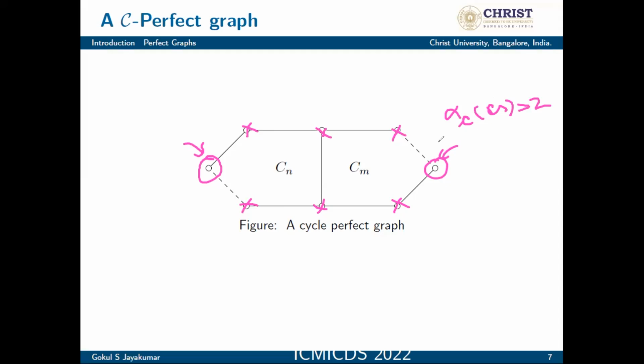Since this graph does not contain an induced Hamiltonian cycle, theta C would be greater than 1, and to be precise, Cn and Cm would cover the vertex set of G, so theta C is 2. All induced subgraphs satisfying property P in this graph are cycles, which are trivially C perfect. Therefore, the graph is C perfect.